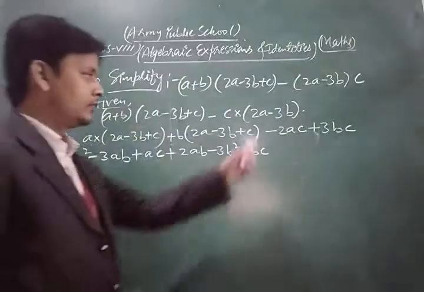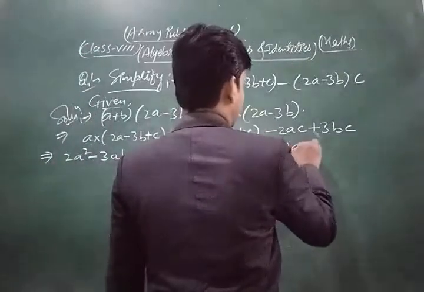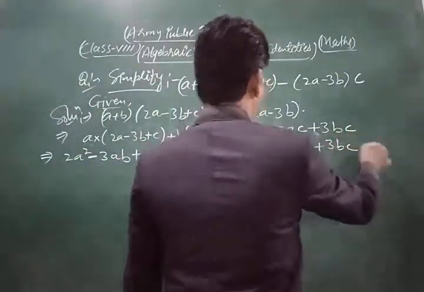Now we write minus 2ac and plus 3bc as it is.